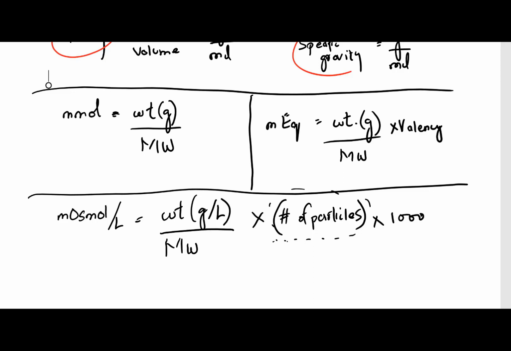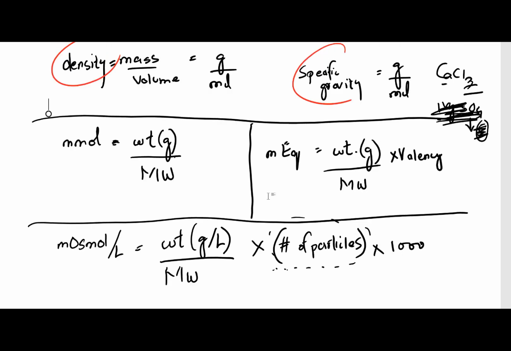Any other example? What about calcium chloride? 3. Because it's CaCl2. So there is 1 calcium, 2 chloride ions. So when you dissolve in water, it dissociates into 3 particles.